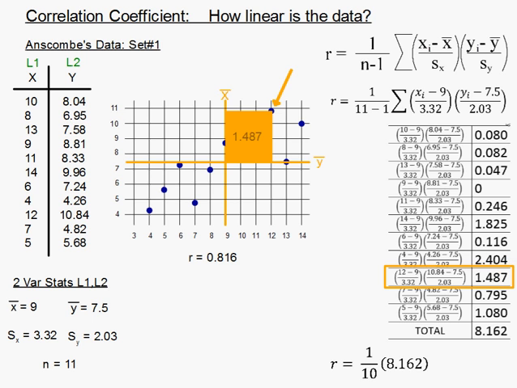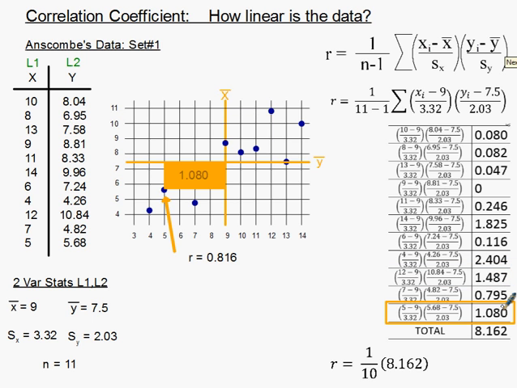And we can do that for another point down here, and they're all just areas. Notice that even though this is below the x bar, y bar, it's still a positive area because both of these terms will be negative. Two negatives multiplied together give you a positive.